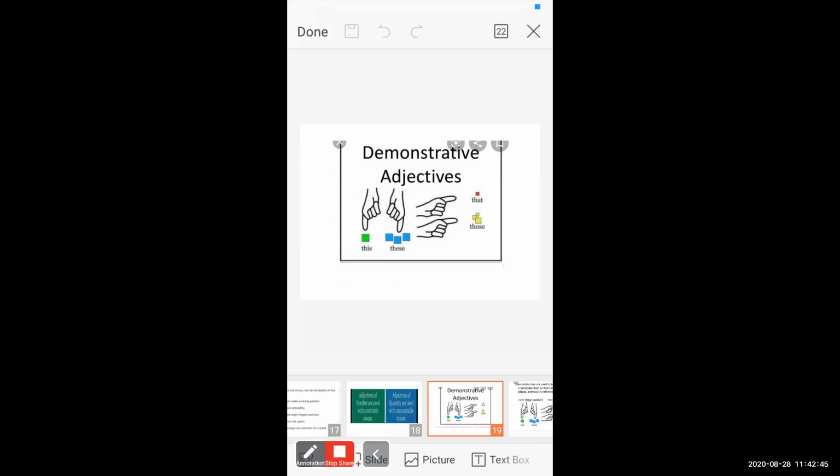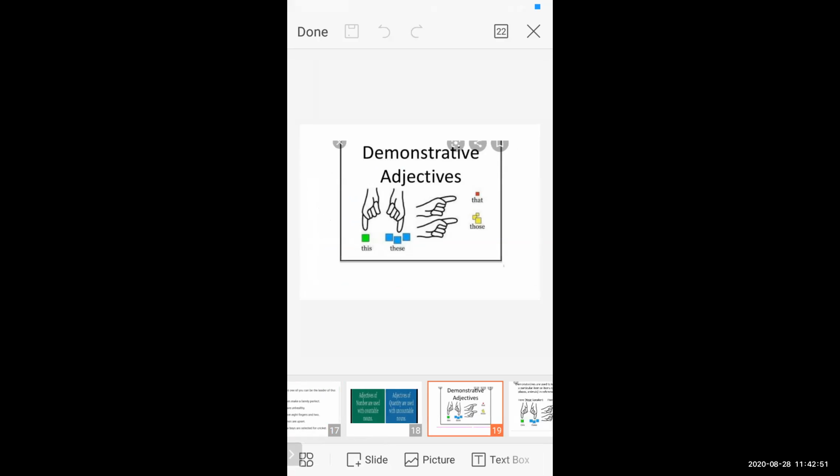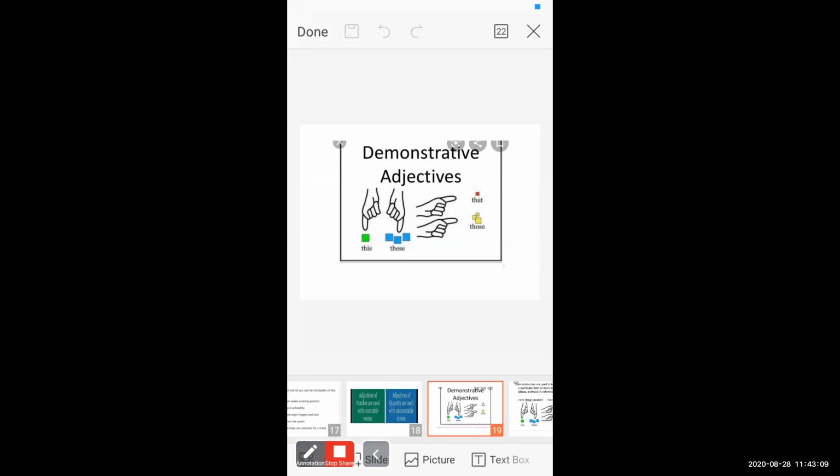Now comes the next one, that is the demonstrative adjective. Demonstrative adjective means what, students? Demonstrative adjective means this, where you have to point out: this, that, and those. Where you have to point out the noun, that comes under the demonstrative adjective. I'll show you.